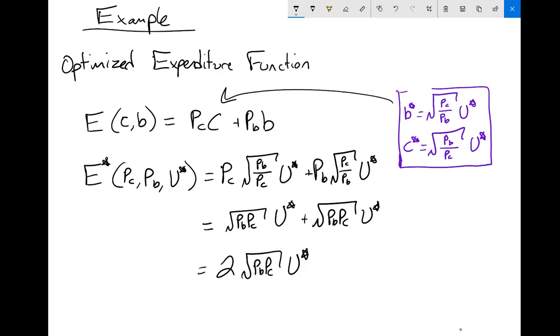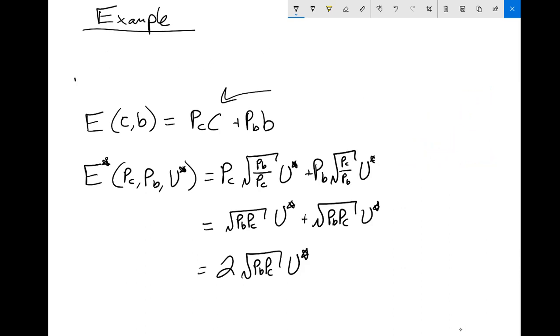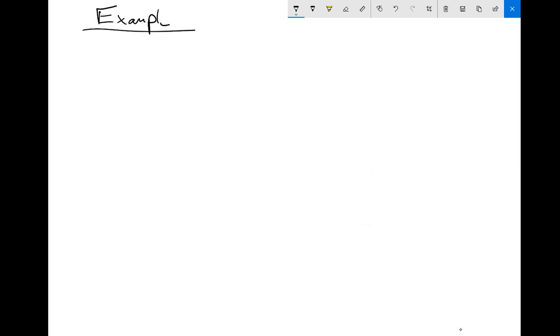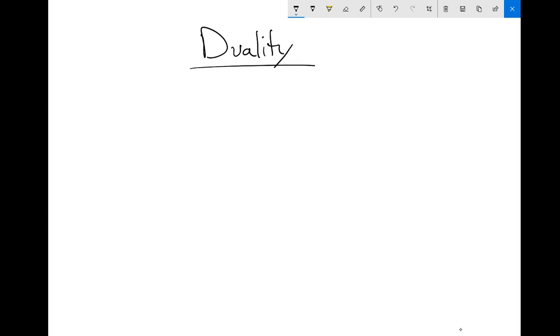So now, one last thing before we finish this lecture, I want to demonstrate a concept called duality. Duality is going to demonstrate to us how the utility maximization problem relates to the expenditure minimization problem.